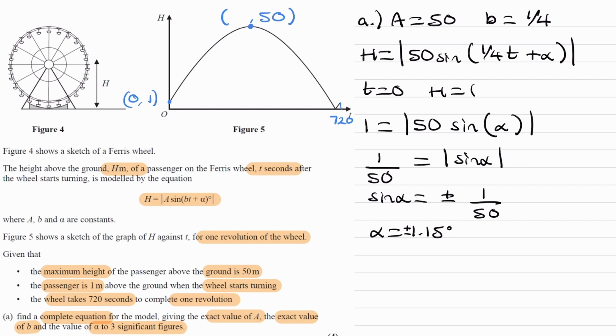As we discussed earlier, this graph has been shifted slightly towards the left, so therefore alpha should be positive, so we are considering alpha is equal to 1.15. Our final answer for h would then be the modulus of 50 sine a quarter t plus the alpha, which is now 1.15 degrees.